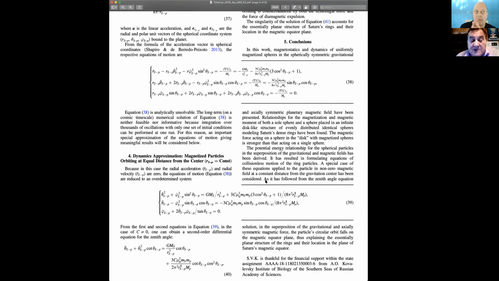So we can make some other conclusions. It explains the essentially planar structure of the rings, and it also explains the location of the rings in the plane of Saturn's magnetic equator, which coincides with the geographical equator.